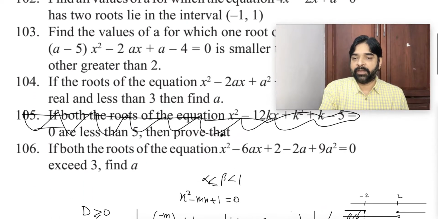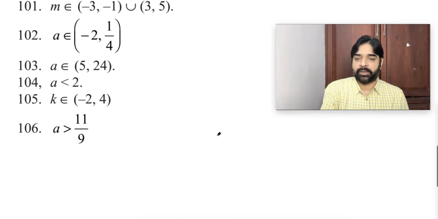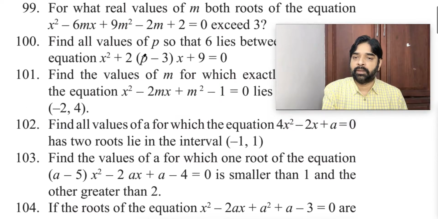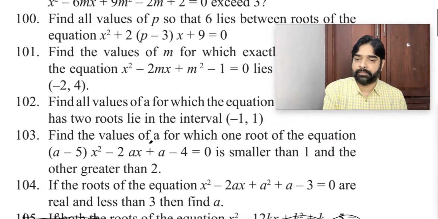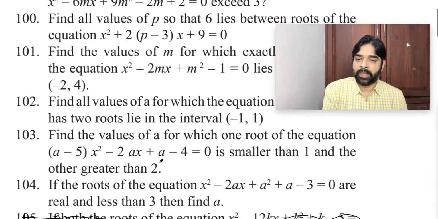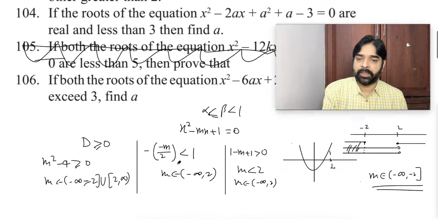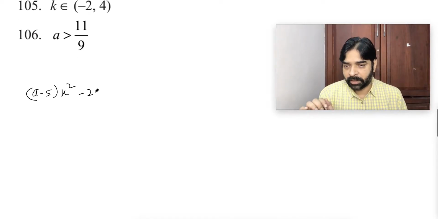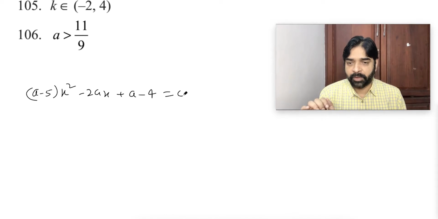(a minus 5) x square minus 2ax plus a minus 4 equal to 0.